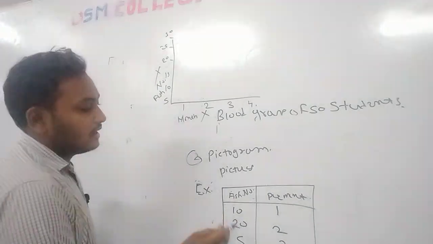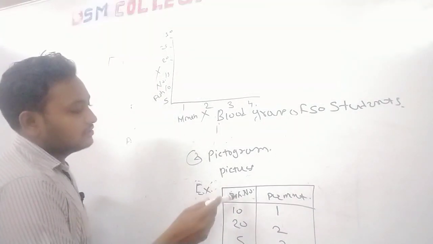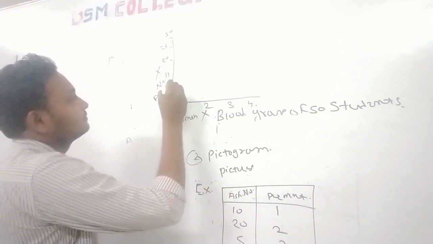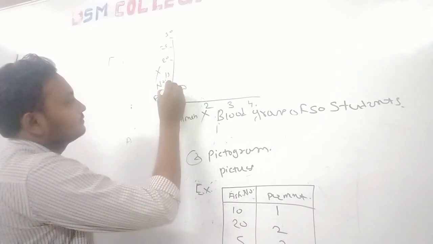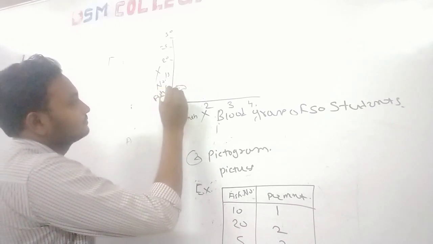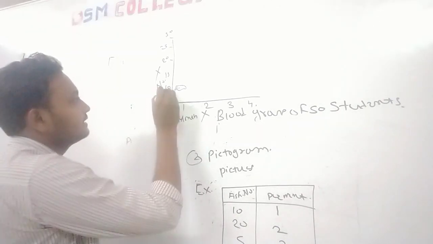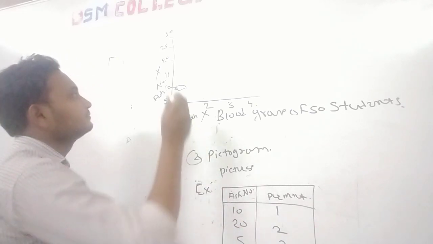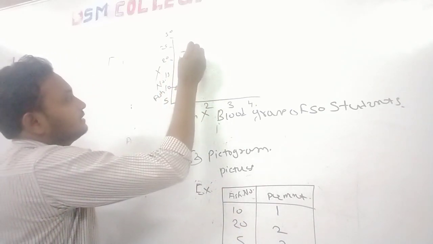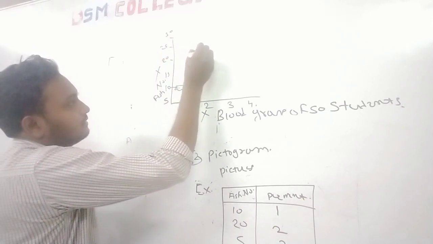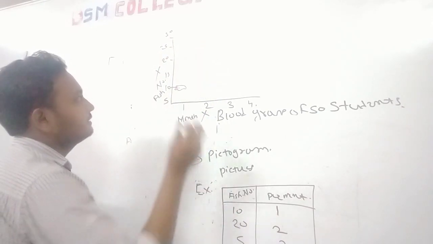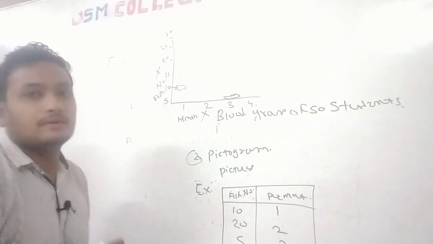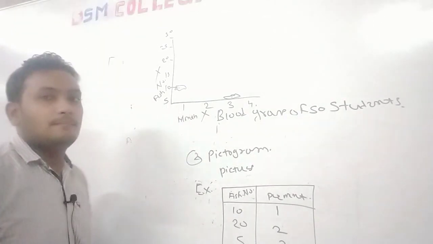Next we look at the fish number: in month 1 the fish number is 10, so we draw fish for 10. Then in month 2 the fish number is 20, so we draw fish for 20. In month 3 it is 5, so we draw 5 fish. In this form we draw the pictogram.